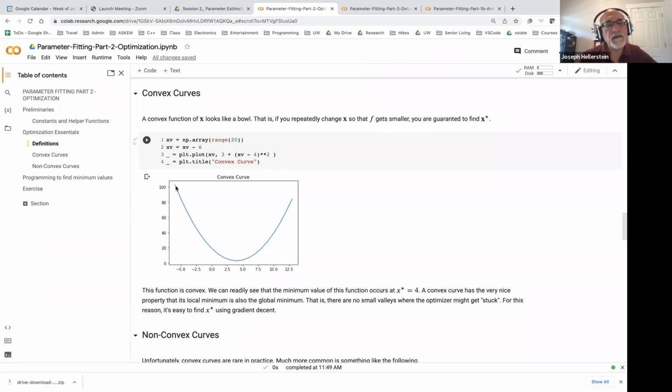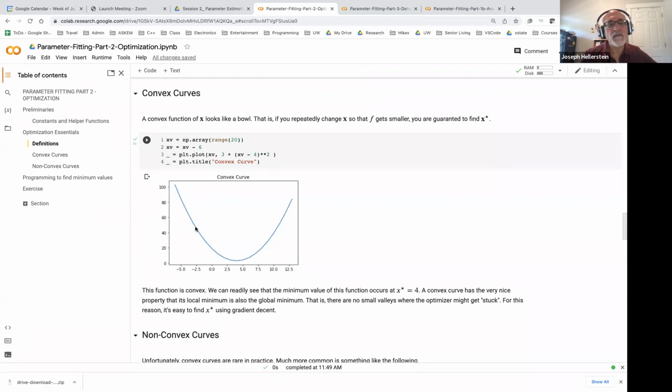So here's a curve which has a value that varies according to the parameter: the value is the y-axis, and x is the parameter that it's set to. The thing about a convex surface is it always has this bowl shape where it comes down to the bottom. And if you just follow the slope down, you'll always get to the bottom. And that's what makes convex surfaces so great.